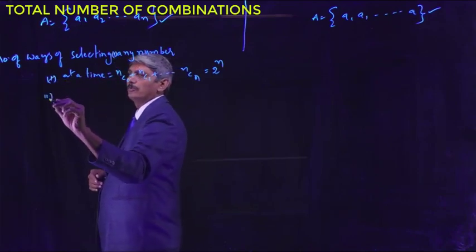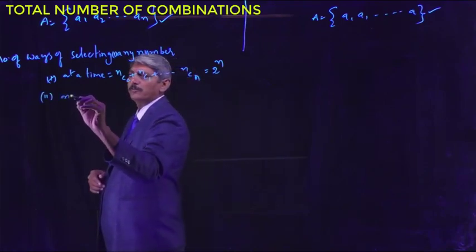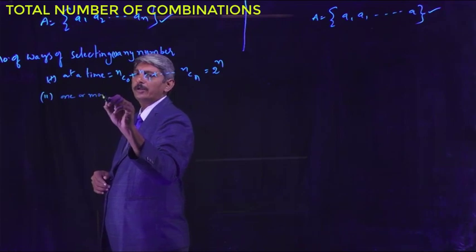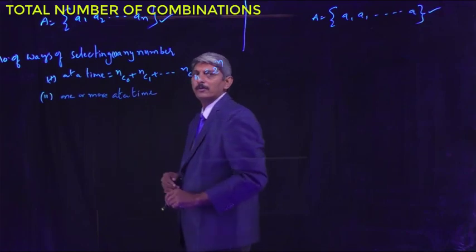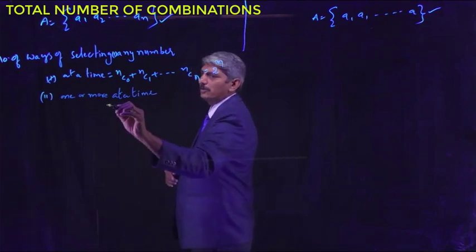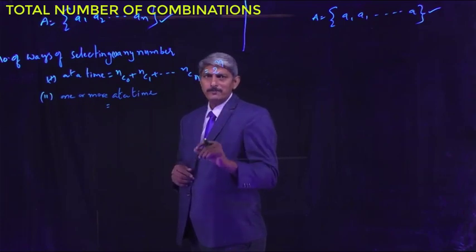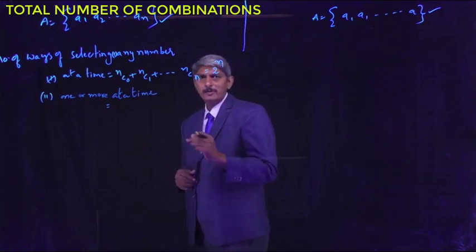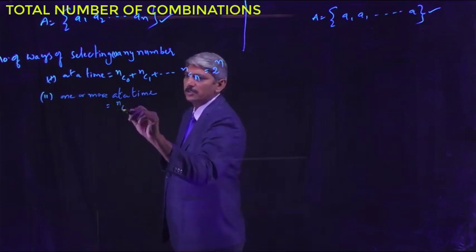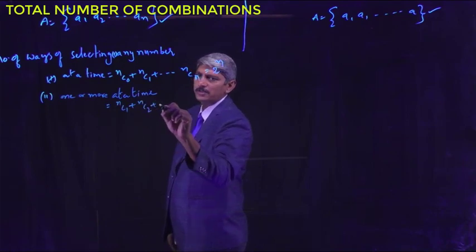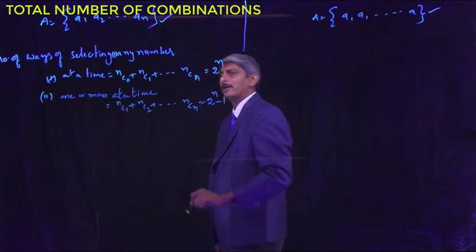So now second, at least one at a time or one or more at a time. One or more at a time is equal to, so we have to select subsets containing at least one element. One element is 1 or 2 or 3 or and so on n. So this is NC1 plus NC2 plus and so on NCn. So this is 2 power n minus 1.